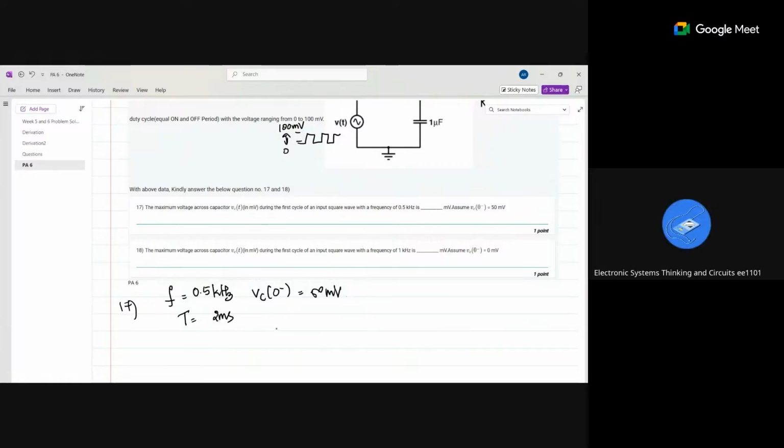So Vc of 0 is equal to Vm into 1 minus e to the power of minus t by RC. Minus 2 by 2, so minus 1. This one is the RC value and this one is the T value, right?